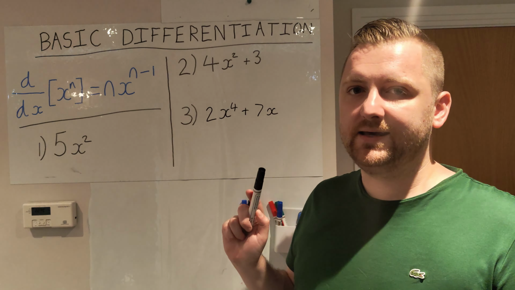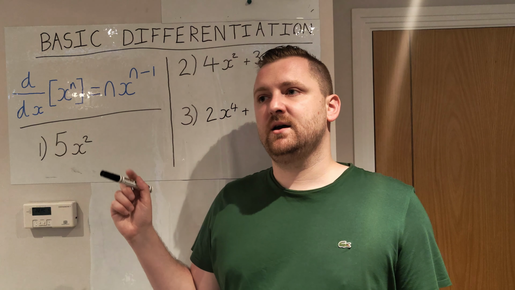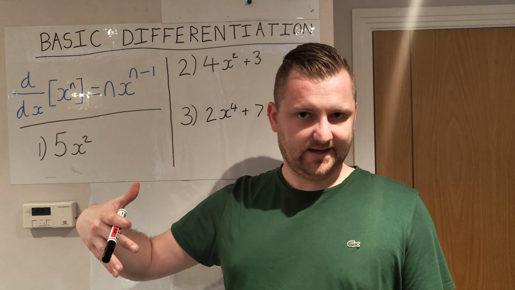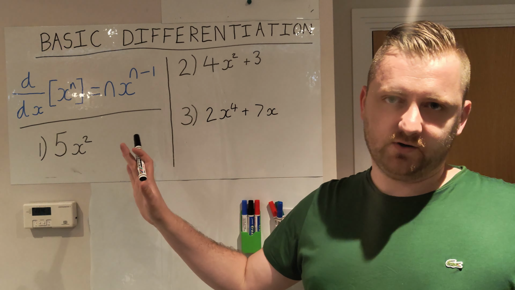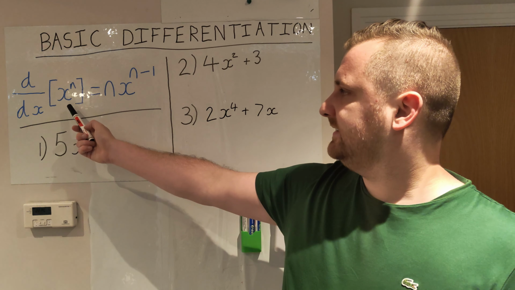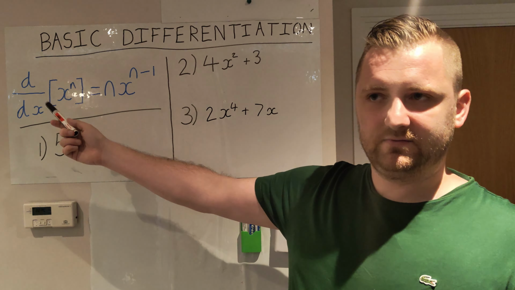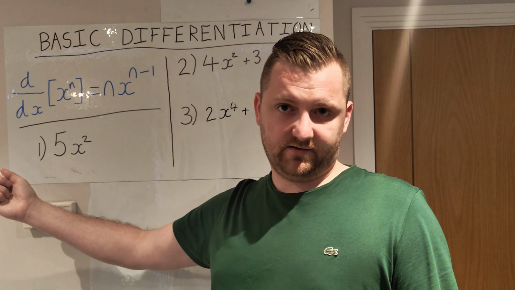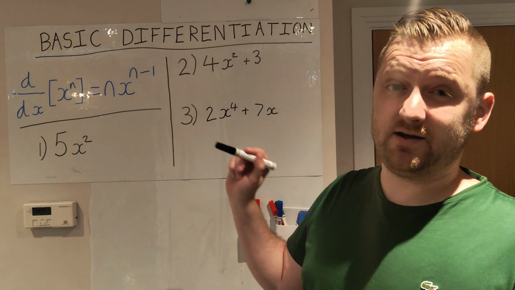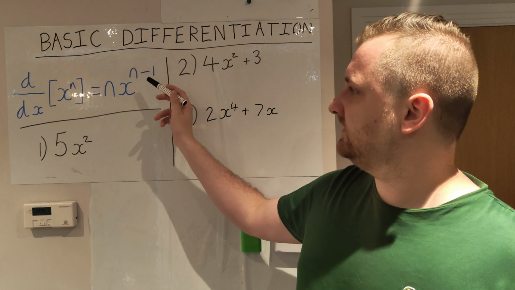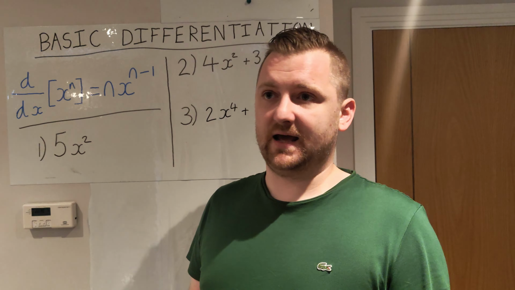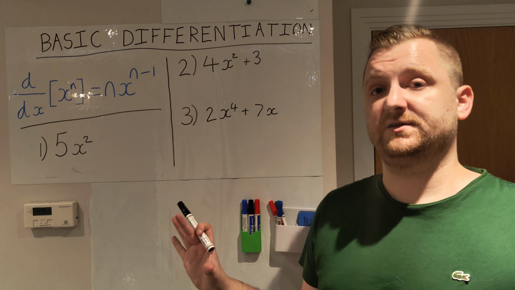If you had y is equal to x to the power of n, you would do dy over dx because you're differentiating y with respect to x. But don't worry too much about that for now. This part is just x to the power of n, so we're differentiating x to the power of n, and it's going to be equal to n times x to the power of n minus 1. All we've done is brought the n down to the front, and then taken 1 off the power. And that's it. That's how you differentiate.